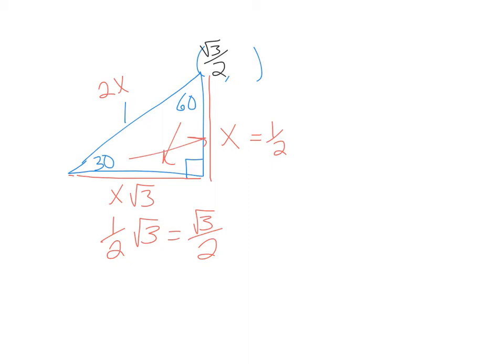And in the y direction, we are going up 1/2 spaces, so that becomes my y value. Alright. So this was for the 30-degree angle, which is also pi over 6.